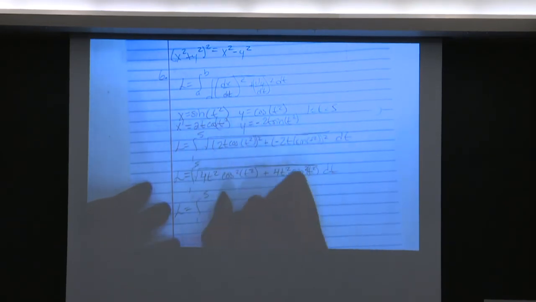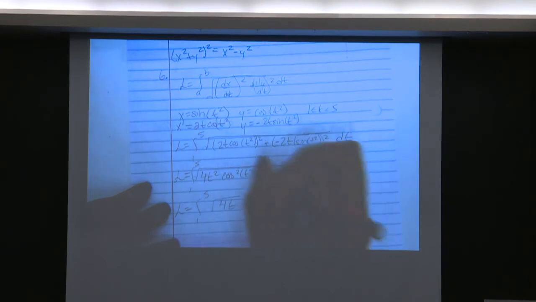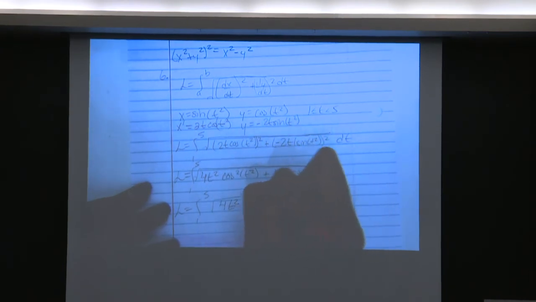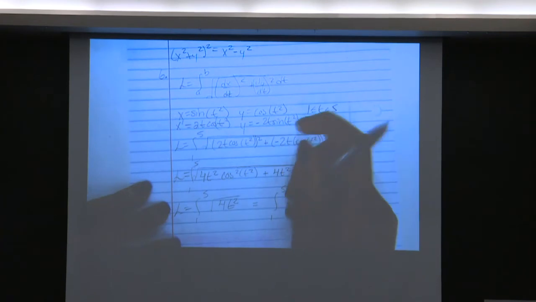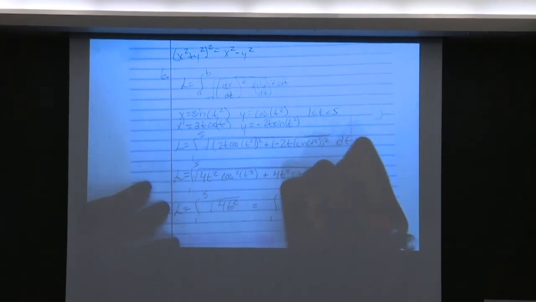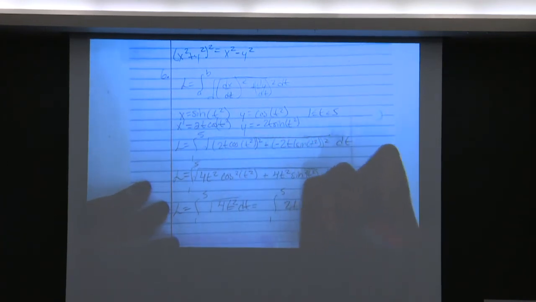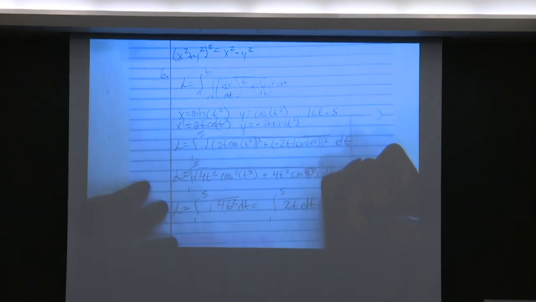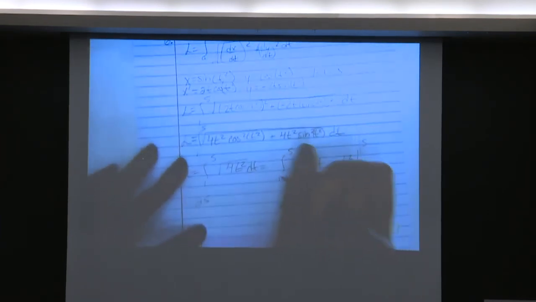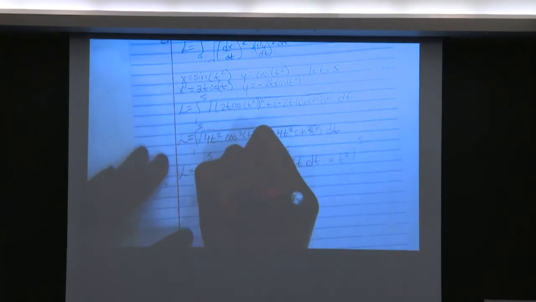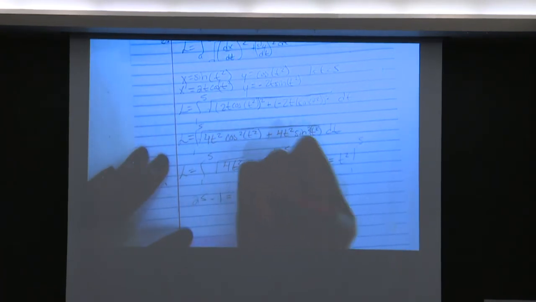The integral from 1 to 5 of 2t dt gives me t squared from 1 to 5. So then I have 25 minus 1, which is 24. And that's my answer.